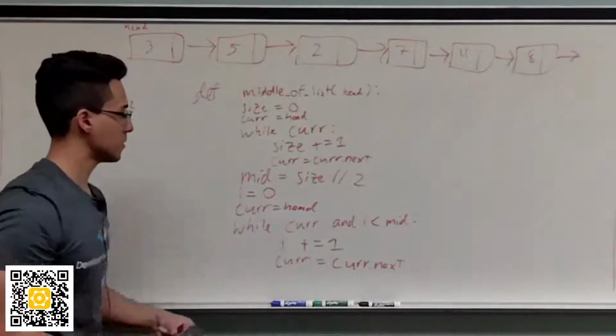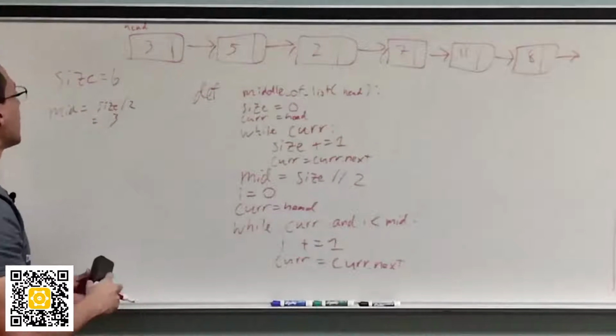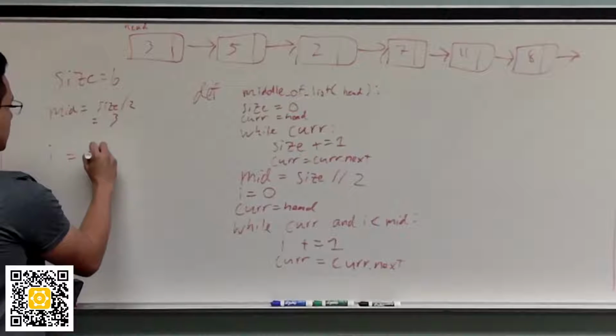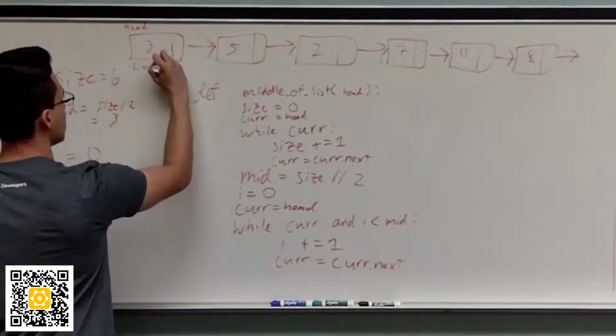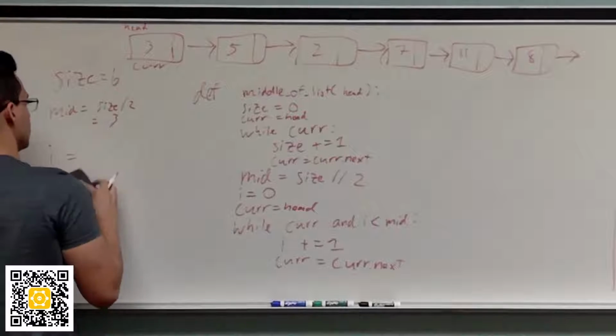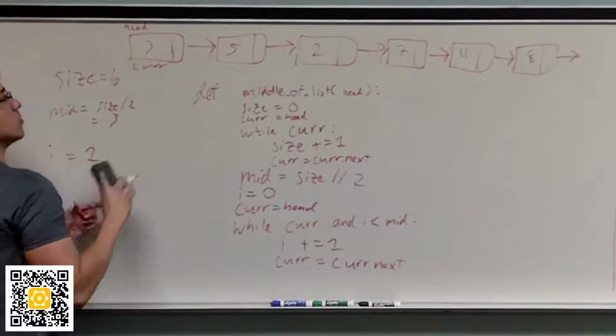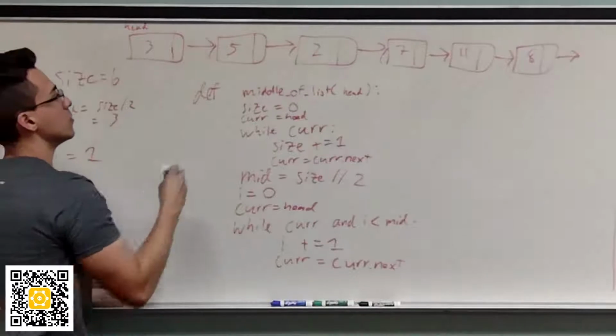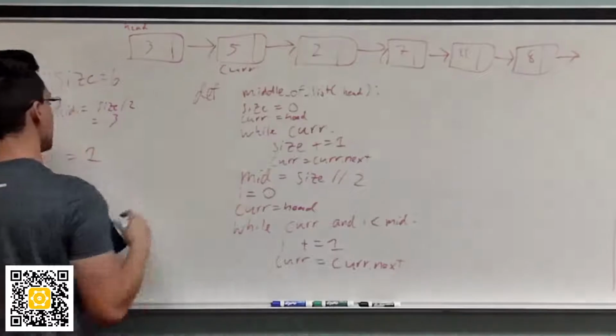Right? So I would say i equals 0. Here's cur. It's not null. Then we put cur here. It's not null.